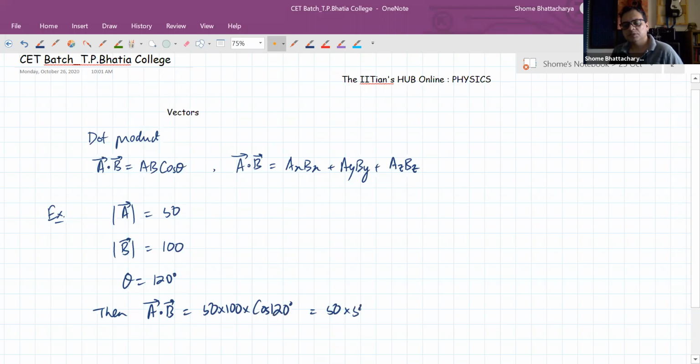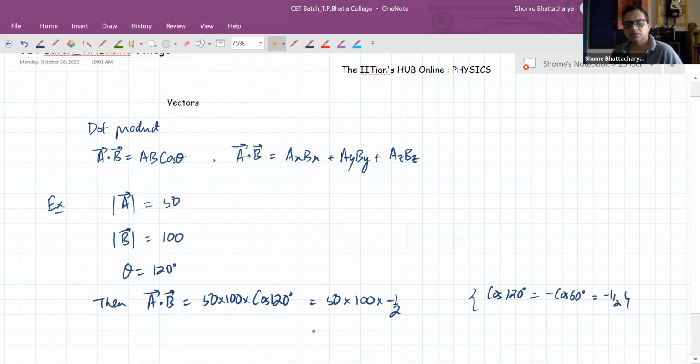The reason is 50 into 100 into cos 120, which is minus half. So here you are using this formula, minus half, right? So ultimately this will become minus 2500. Okay, so this is the main thing.